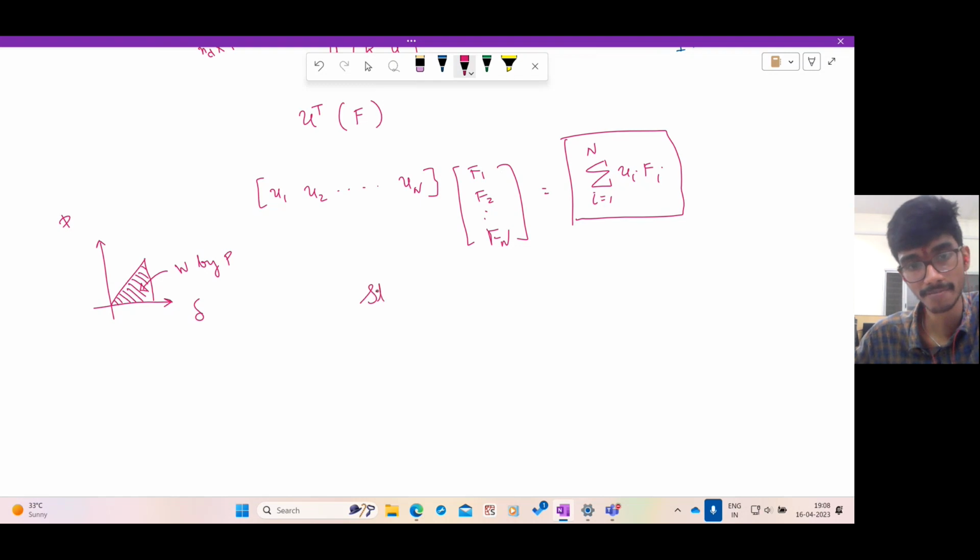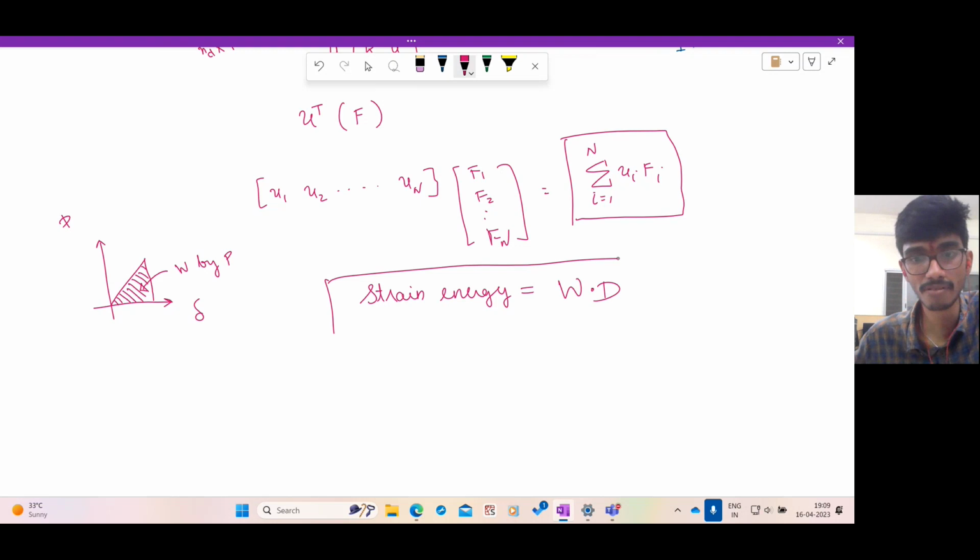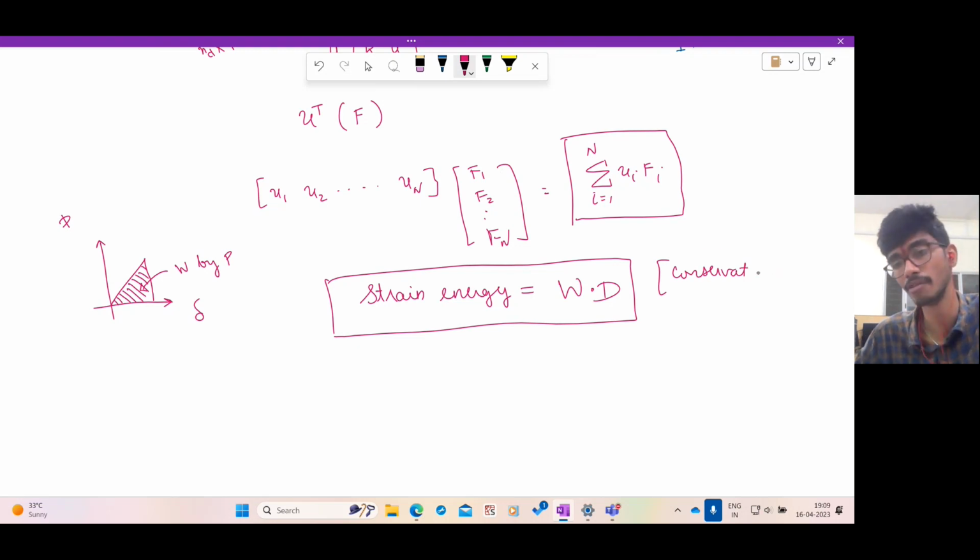So the strain energy is equal to the work done. Why? That comes from the principle of conservation of energy for structural systems. If you are doing some work, that has to go somewhere, and that gets into the strain energy of the body. Conservation of energy. And what is the work done?